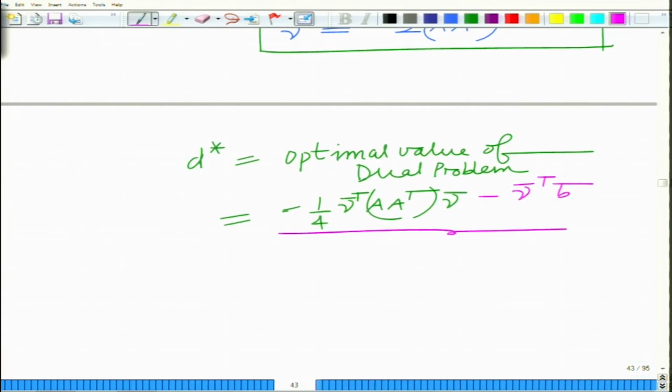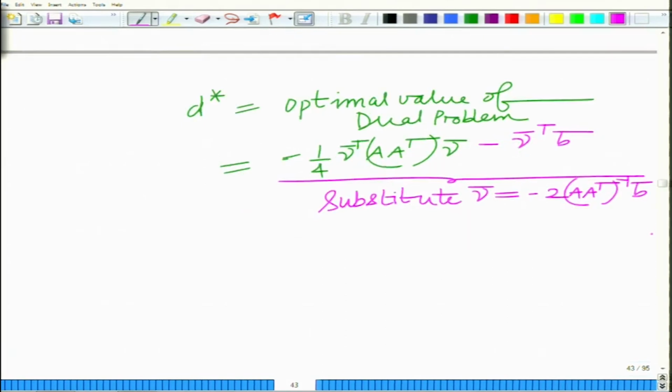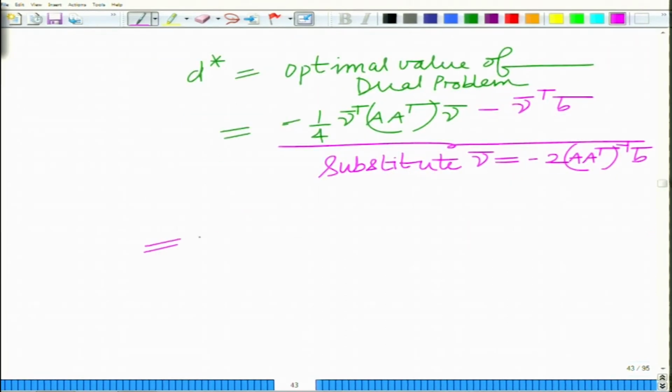So what you do here is you substitute nu bar equals minus 2 A transpose inverse into b bar. If you substitute that, it is a little cumbersome, but you can write this.